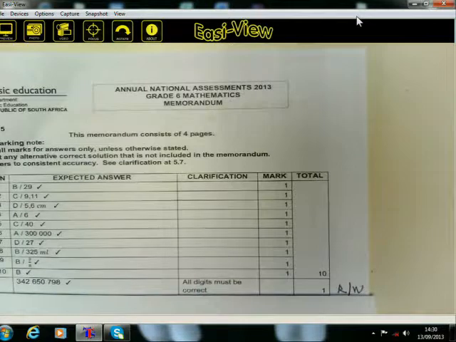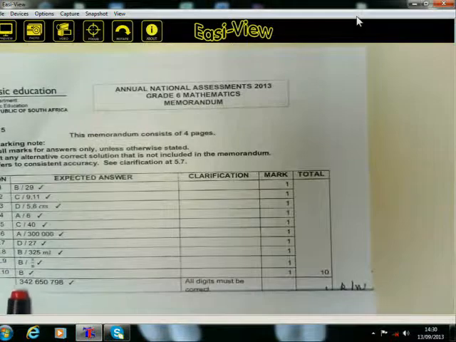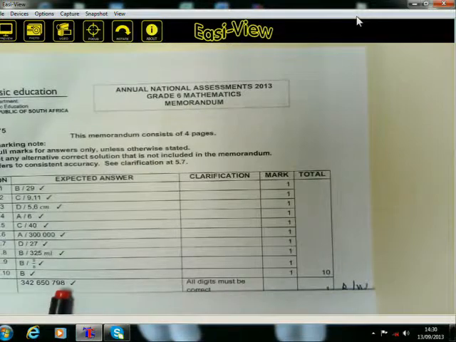The question said, write the number symbol for the following number: 342,650,798, and it's 1 mark. Yes, the answer there is 342,650,798.